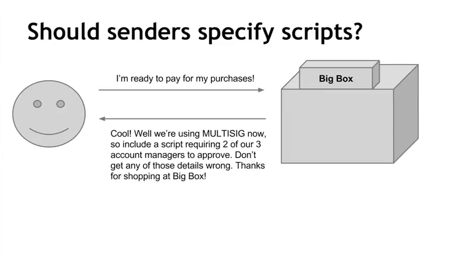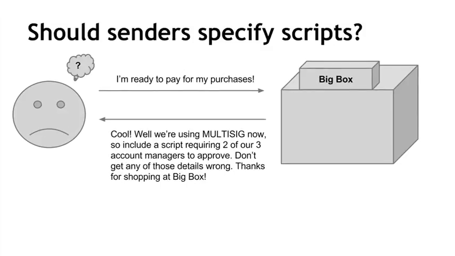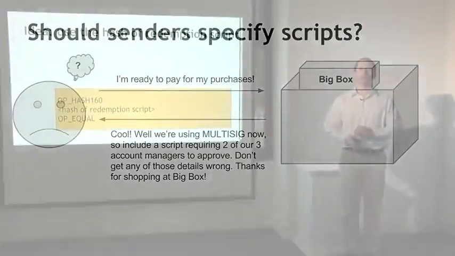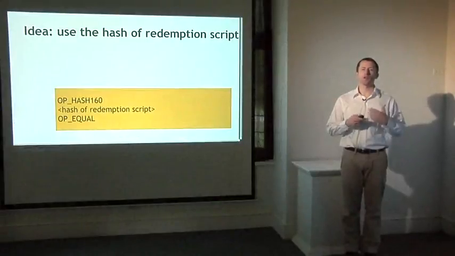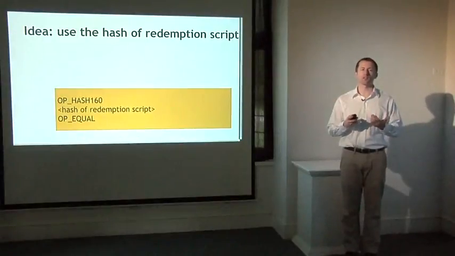We're going to ask you to send the coins to some complicated script. You might say, I don't know how to do that, that's too complicated. As a consumer, I just want to send to a very simple address. So in response to that problem, there's a really clever hack in Bitcoin, which is that instead of having the sender specify the entire script, the sender can specify just a hash of the script that is going to be needed to redeem those coins.